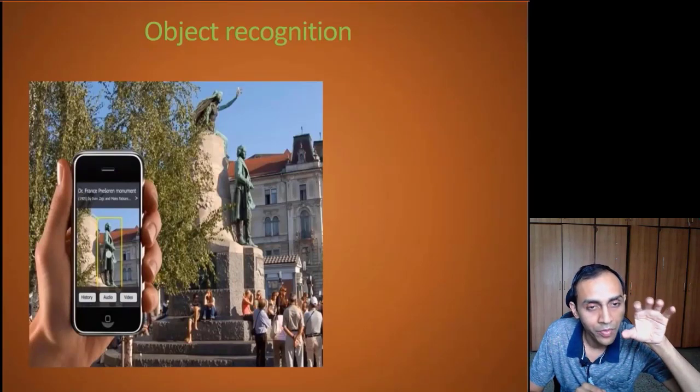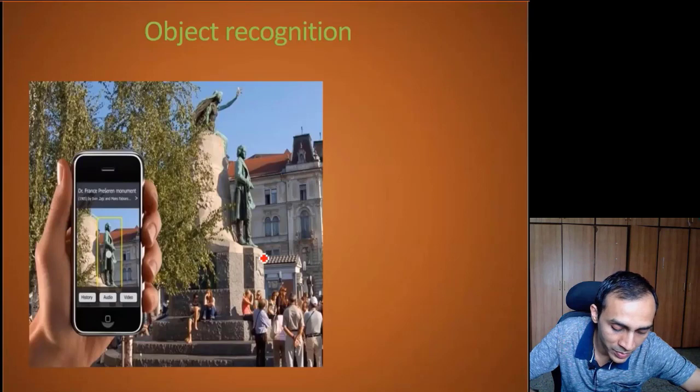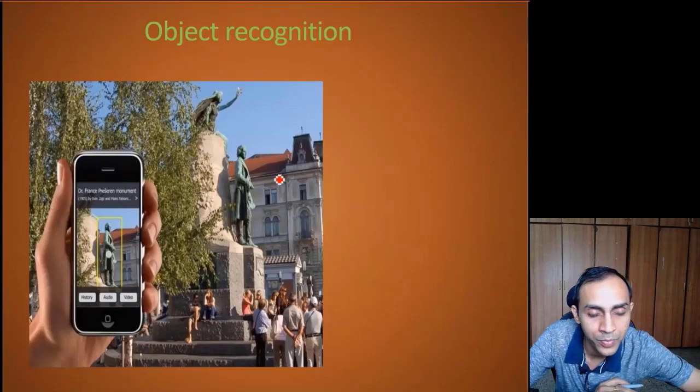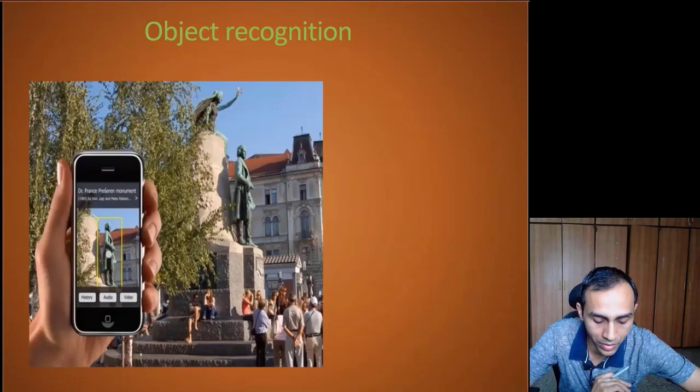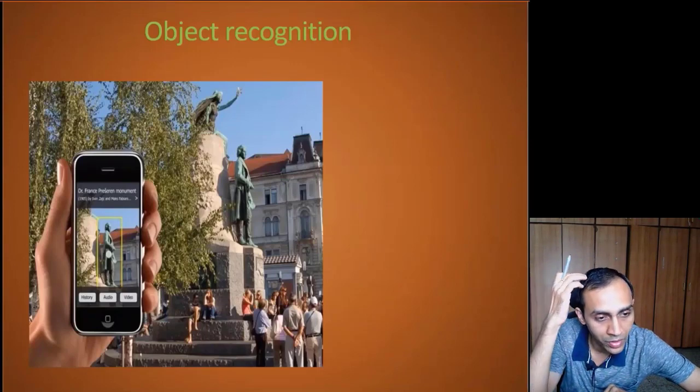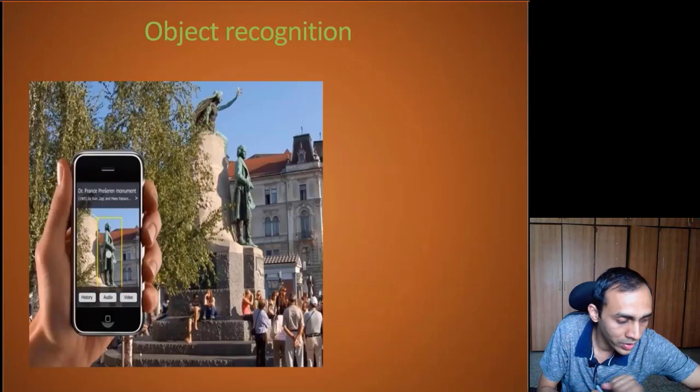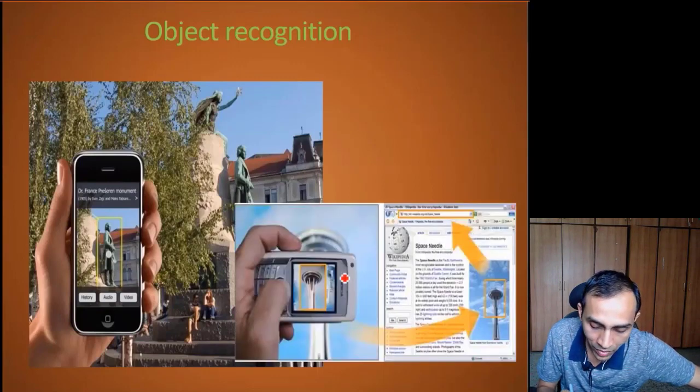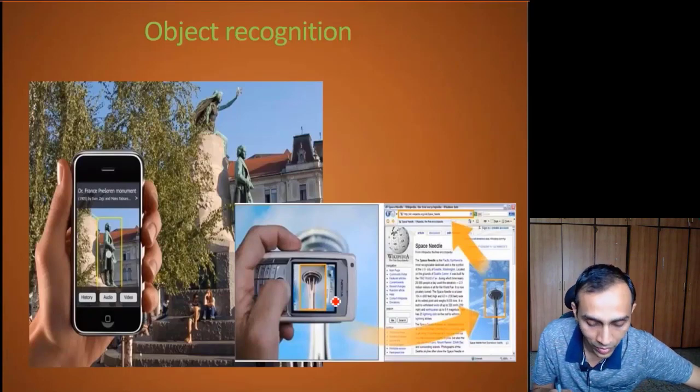The application will recognize whether it is a specific monument or a specific building or a specific unique sculpture. It will search the images on the web and give you the exact Wikipedia page of what that structure is all about, and you can get more information about that location or that building.